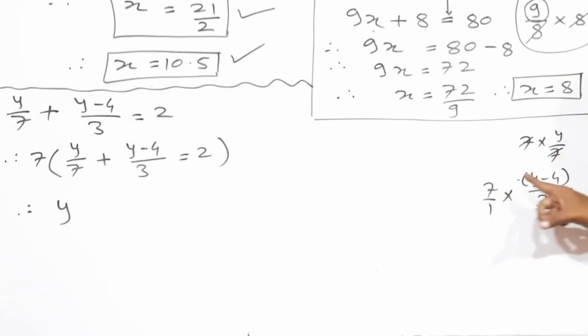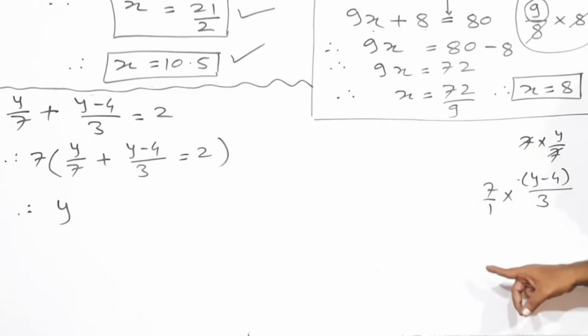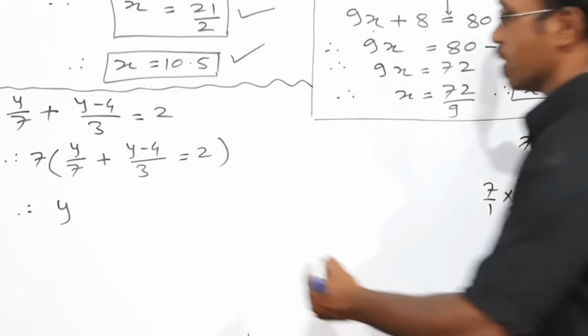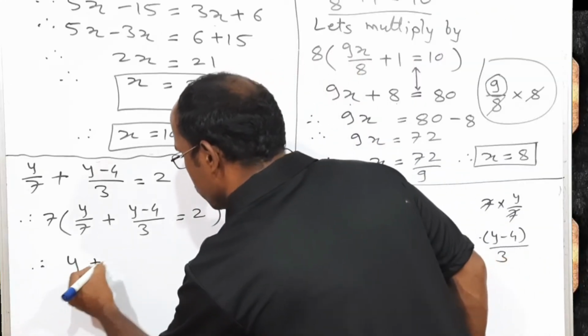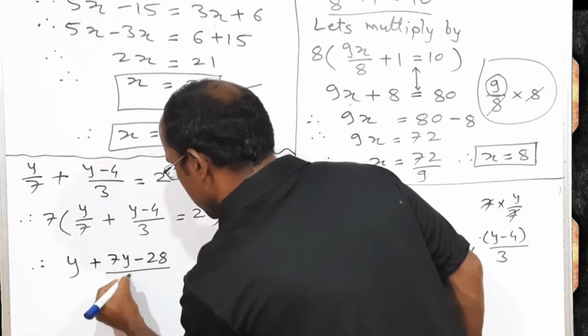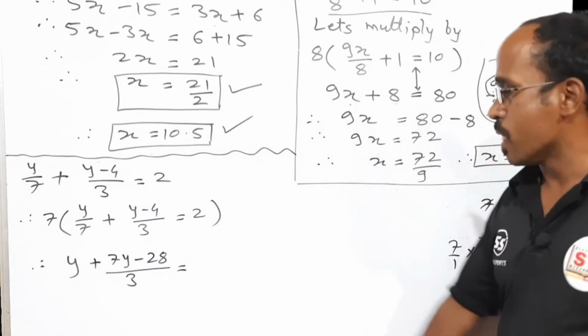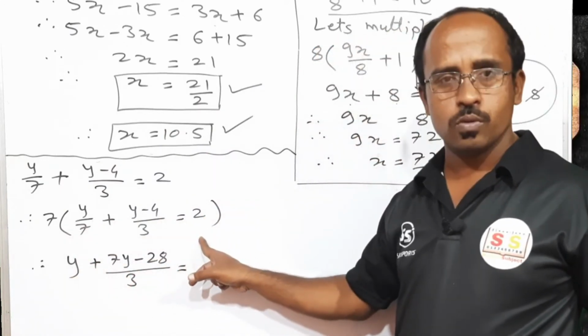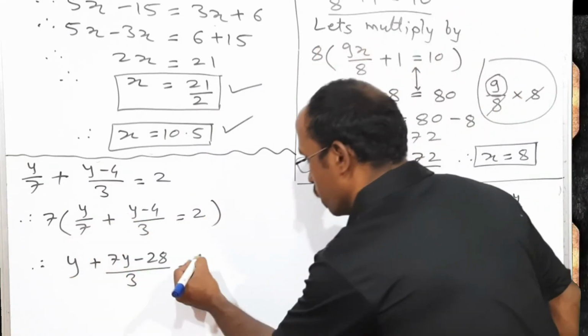So 7 will multiply to this y minus 4. 7 multiplied by y, 7y. 7 multiplied by minus 4, minus 28. So that will be equal to plus 7y minus 28 upon 3, which is equal to, now 7 multiplied by 2 is 14.